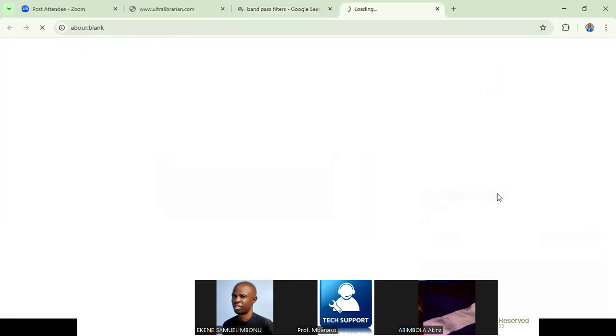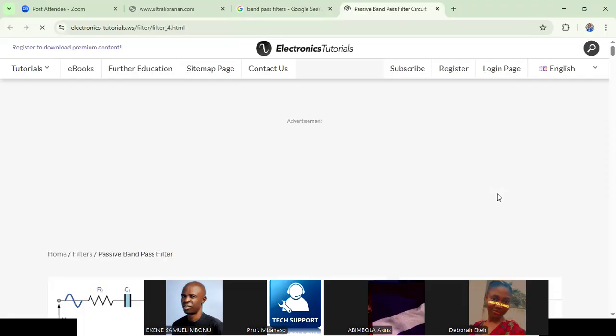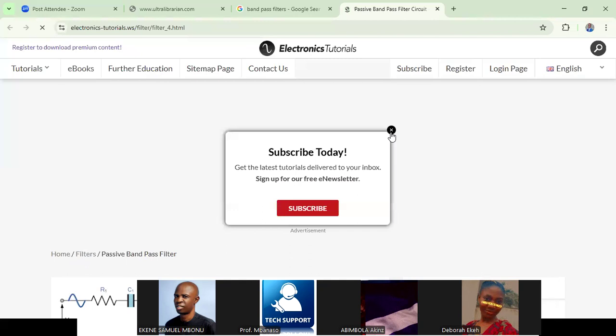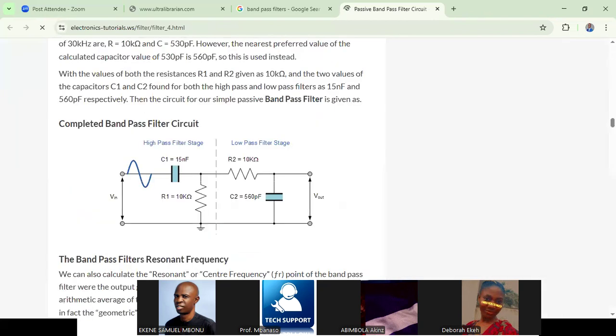Band pass filter. I'm opening it up so that it will become obvious. Okay, sir. I want it to be bigger. So, what do you see here? I'm seeing the diagram. Completed band pass filter circuit.